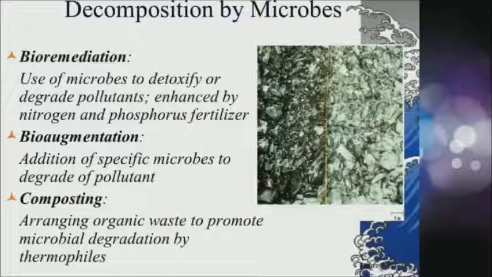So the purpose is to make sure that the bacteria in the wastewater would live longer. So the strain would be multiplied by the enzyme, because we know enzyme is what? A biological catalyst. So that process is called bioaugmentation. Composting is more applicable to solid waste.